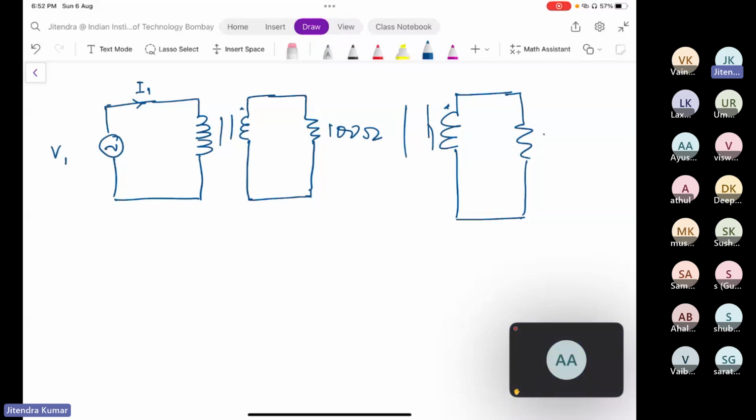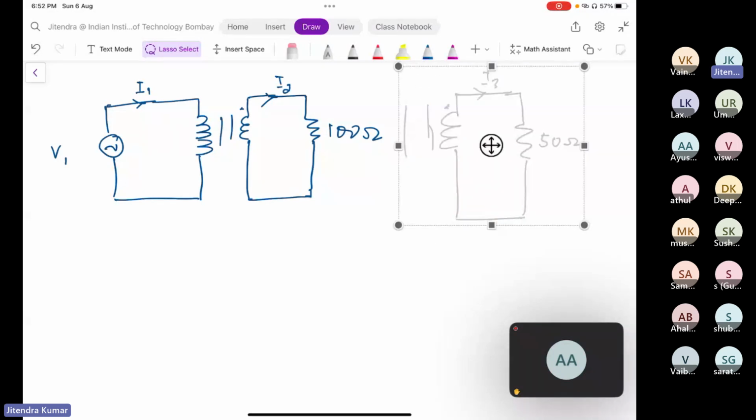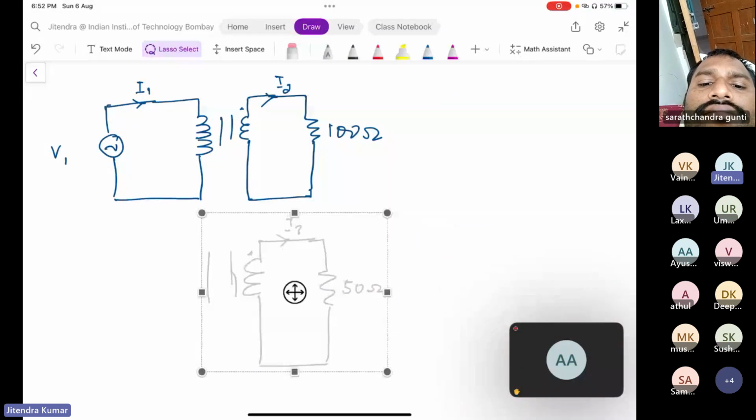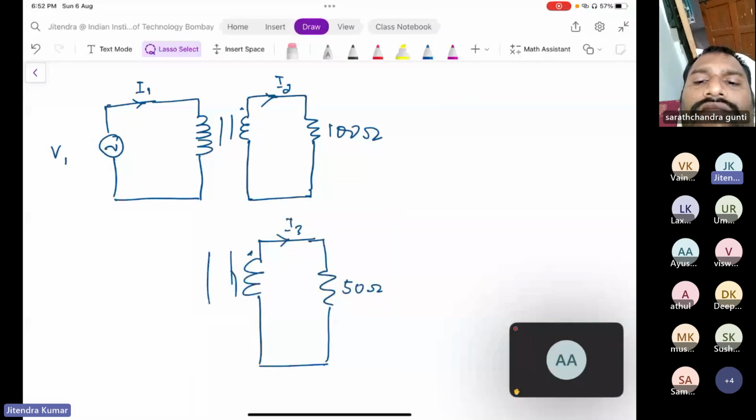So the secondary has 50 ohm, and here we have I2 and I3. But I think if I place it below, it will be less confusing. Is it fine now?